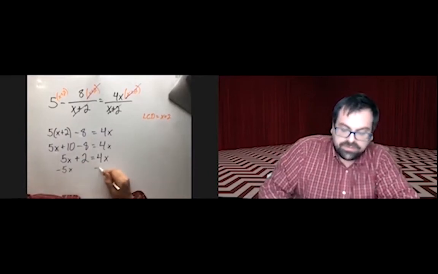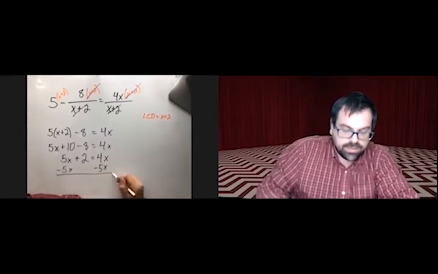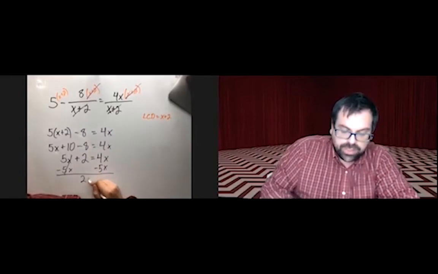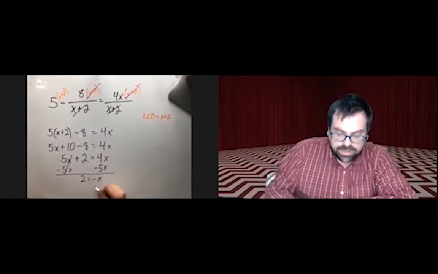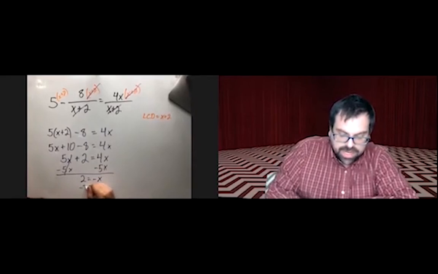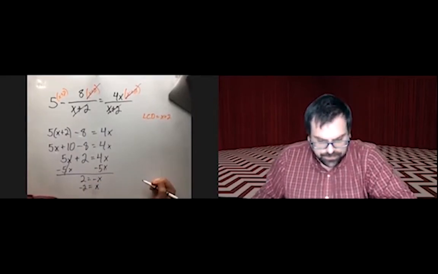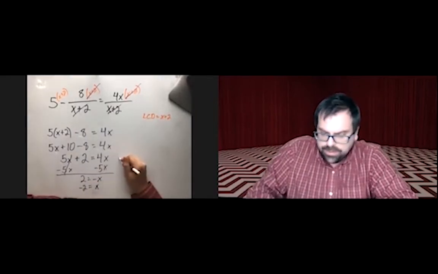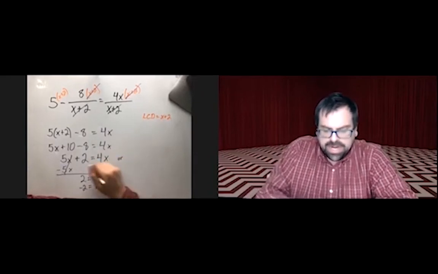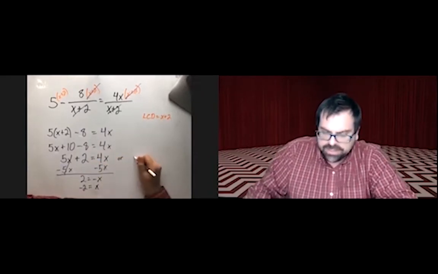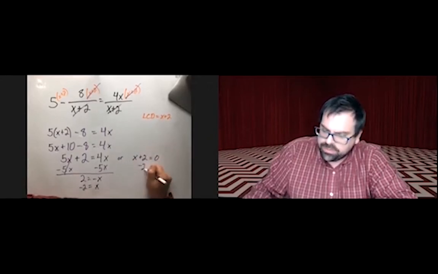Subtract 5x from both sides. 2 equals negative x. So x equals negative 2. Another thing you could have done is subtract the 4x from 5x, and 5x minus 4x would give us x plus 2 equals 0. Subtract 2.